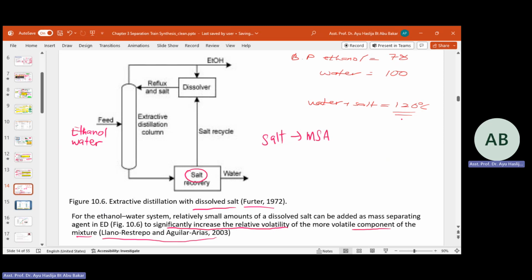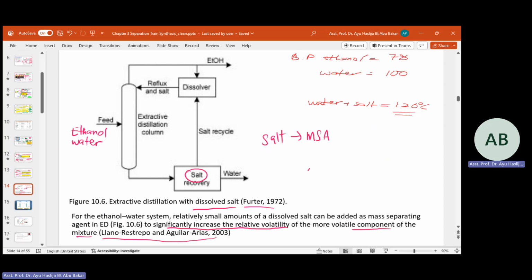If you boil normal water, it will boil at 100 degrees C. But if you add something, salt, it will boil at a higher temperature, because of the salt inside it. So the salt already changed the properties of the solution. Here the salt acts as the MSA added to the feed, then it is easier to separate them.